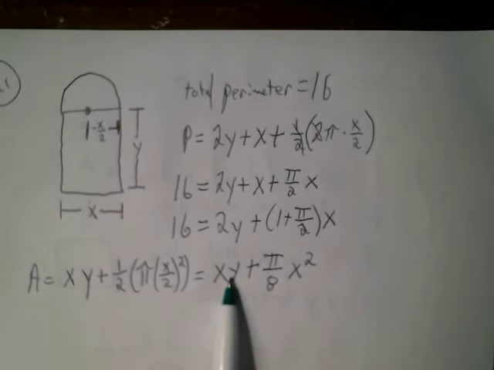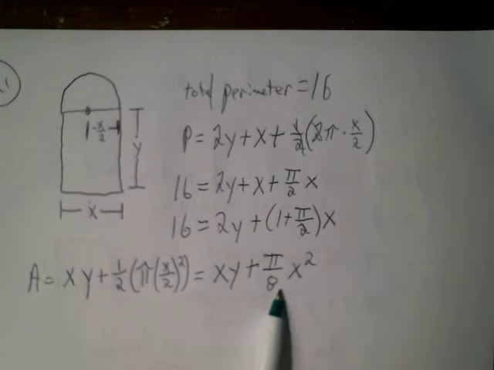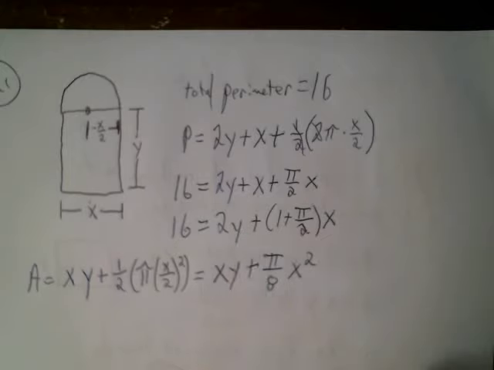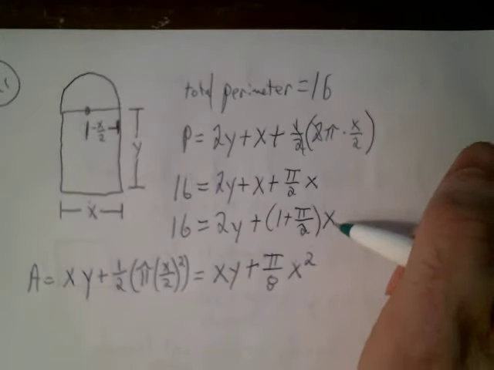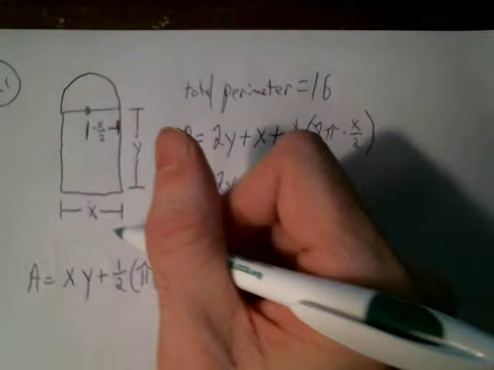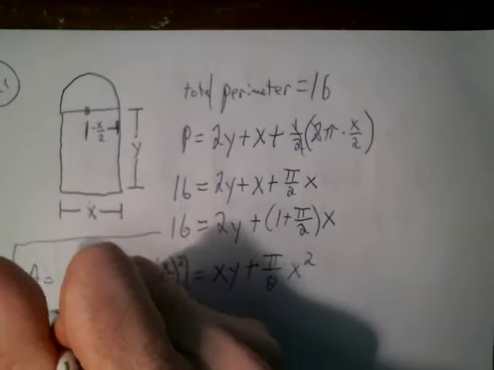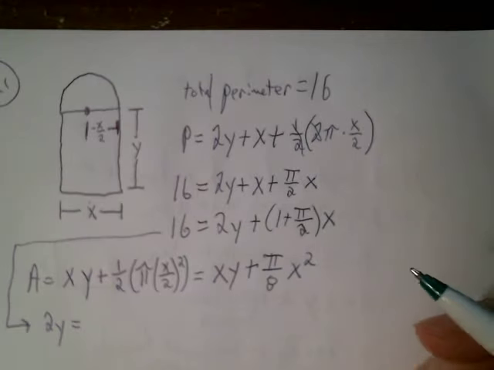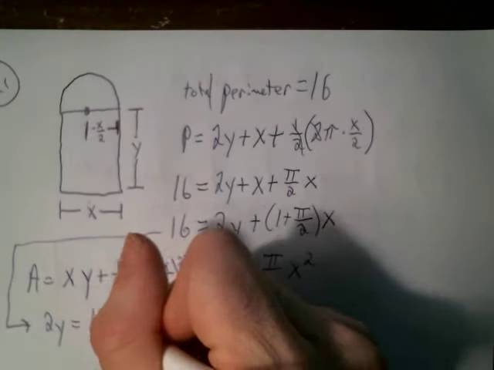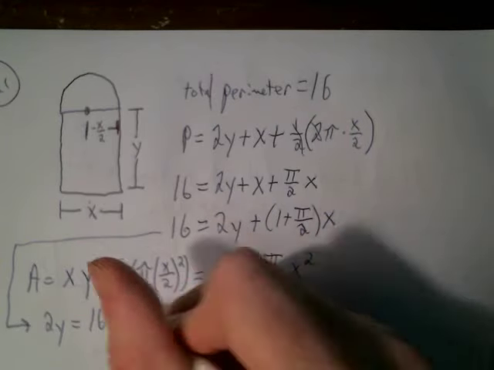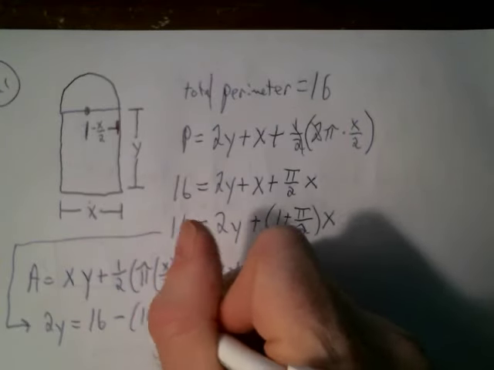Now I'm going to reduce the number of variables using this formula here. Okay. So I'm going to solve this formula for y and then plug it into the area formula. So I have 2y equals 16 minus, I guess, 1 plus pi over 2 x's.